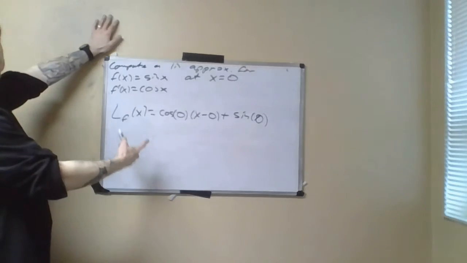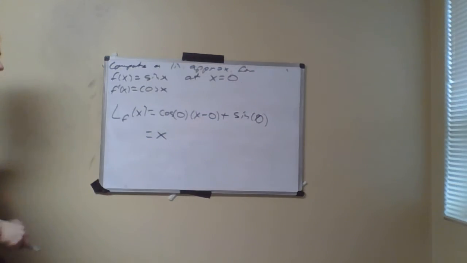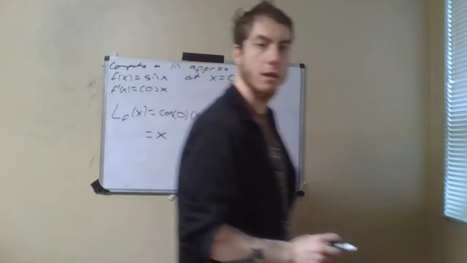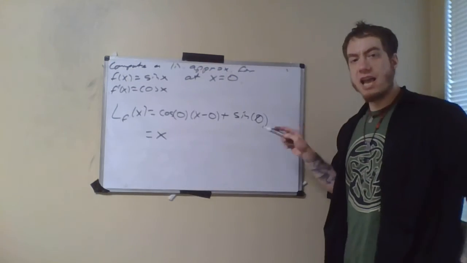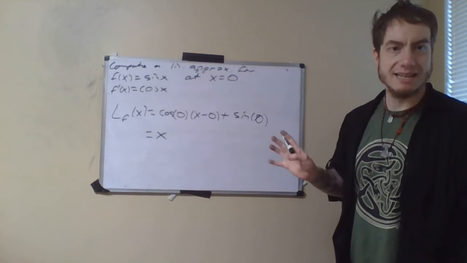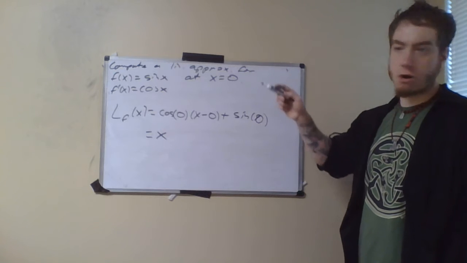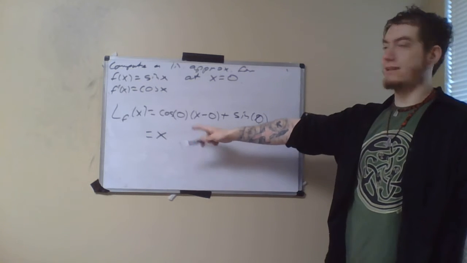But cosine of 0 is 1 and sine of 0 is 0, so this actually just comes out to be x. This is actually a really famous identity. Well, it's not so much, I mean, it's sort of an identity. The linear approximation to the sine function at 0 is equal to x itself.